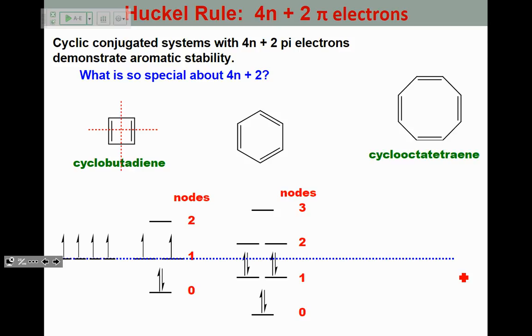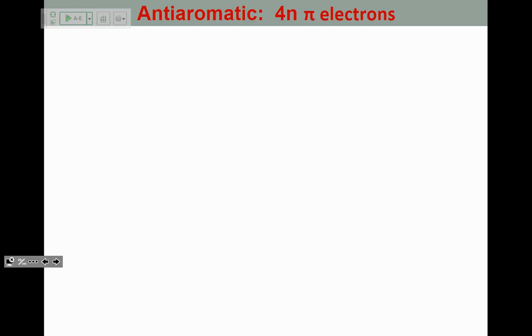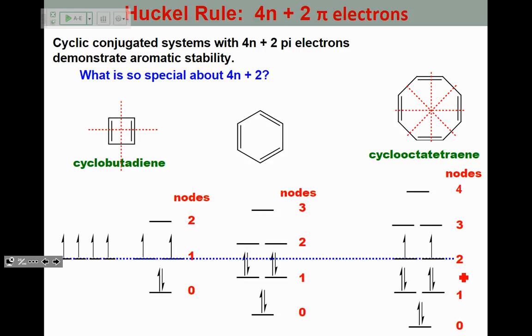And if we look at cyclooctatriene, of course, we have 1, 2, 3, 4, 5, 6, 7, 8 unhybridized p orbitals. So we're going to have a total of 8 molecular orbitals, but it's going to look very similar to our cyclobutadiene. And when we fill in 2, 4, 6, 8 pi electrons, again, we fill the bottom, then here, and what we're going to see is that our HOMO is again higher in energy and unpaired.